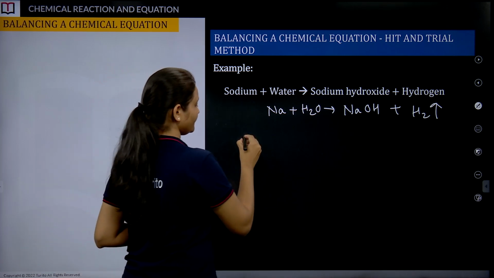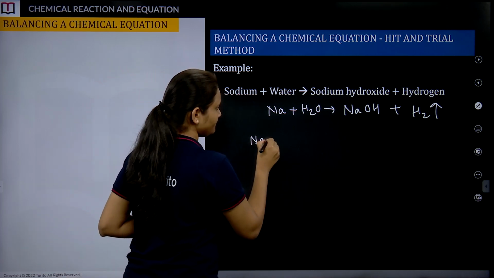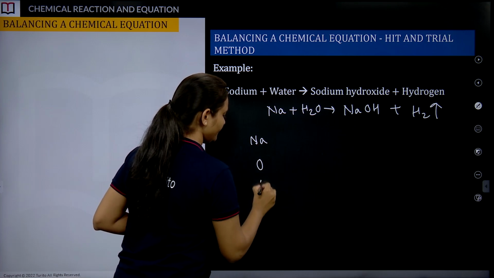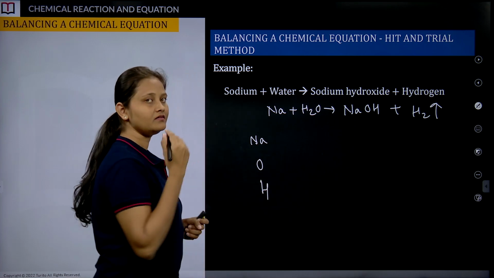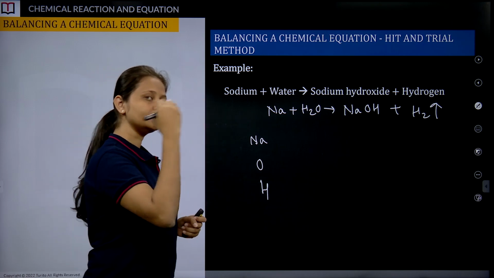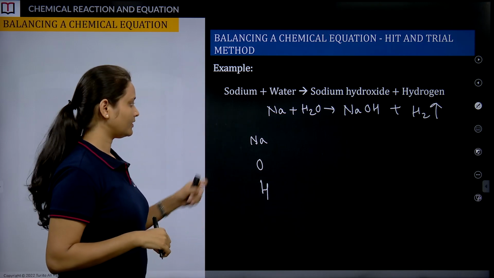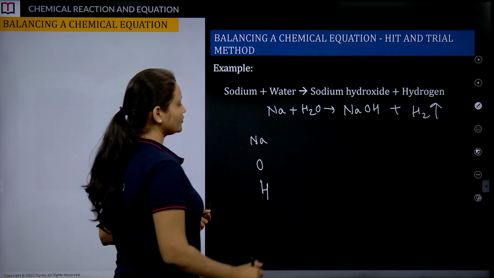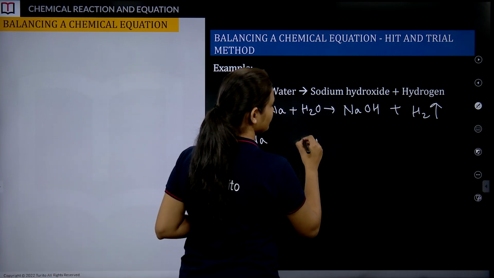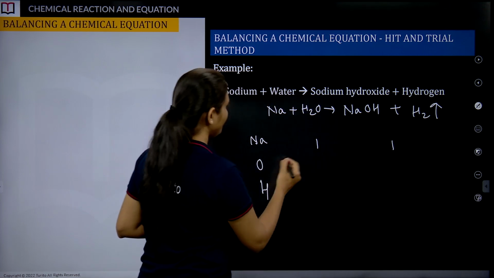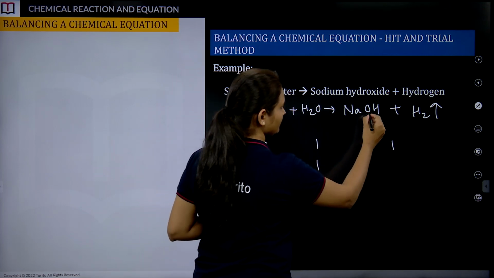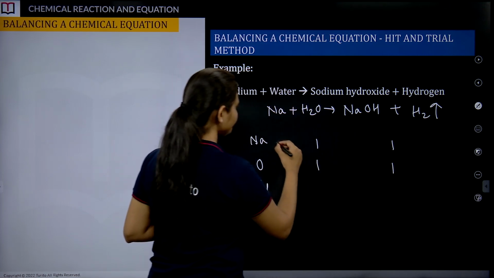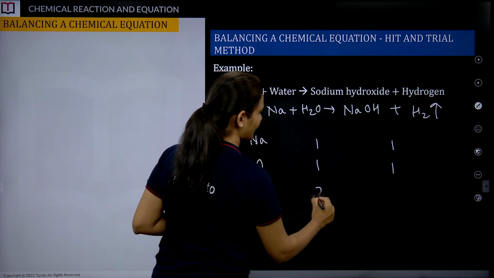Now quickly, we are having sodium, then we are having oxygen, then hydrogen. Remember the preference: metals, non-metal, oxygen, hydrogen. Okay, so we are having metal as sodium. Quickly, there is one sodium, one oxygen, and hydrogen.